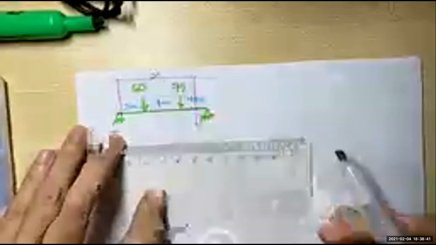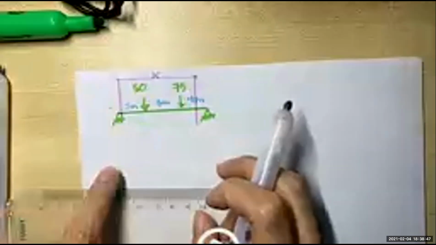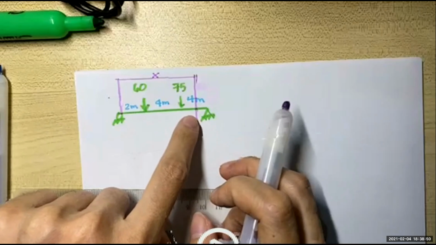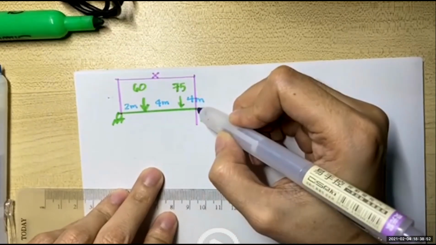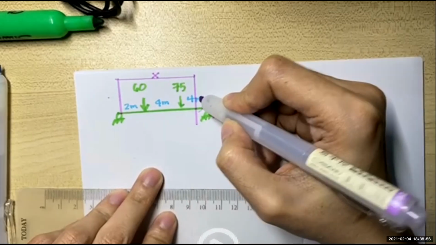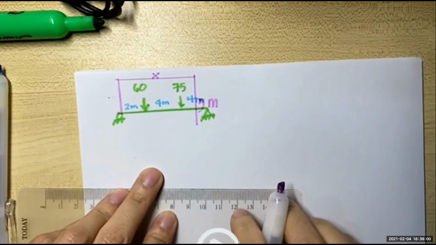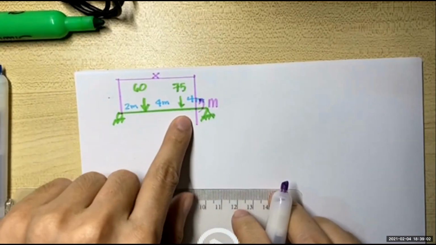So ganito yung cut nyo. Ang cut nyo is dun sa 3rd segment, tapos andito yung x. So ang kukunin yung moment equation is andito. Now, hindi pwedeng right side yung kukunin nyo. Dapat dito kayo kumuha. Kunin nyo yung value, yung moment equation, at this part of the segment.